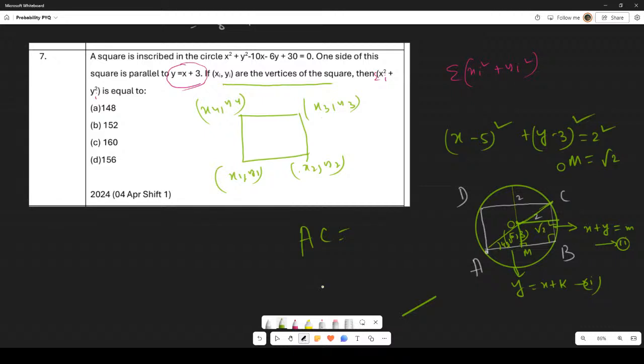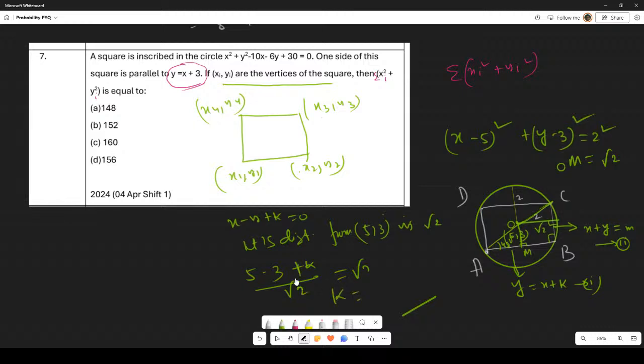So the distance of the line from 5, 3 is what? The distance from 5, 3 is root 2. Use this information to get the value of k. How to? 5 minus 3 plus k by under root 2 equal to root 2.